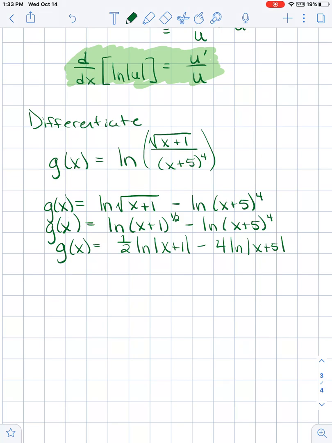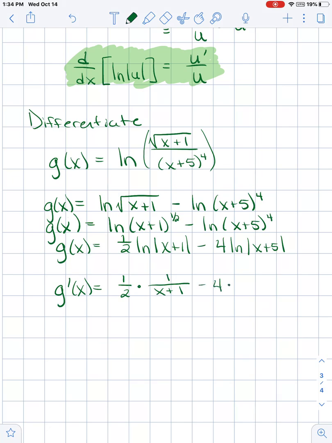Now if we find the derivative, that's going to make this so much easier. So we've got g prime of x, and this becomes 1/2 times, and I'm going to use u prime over u. So in this first one, u is x plus 1. U prime is the derivative of x plus 1, so that's 1. So much easier.